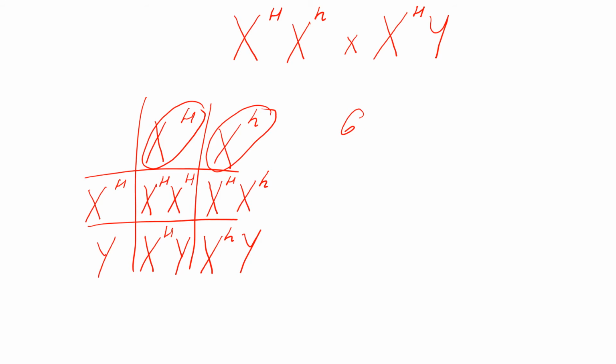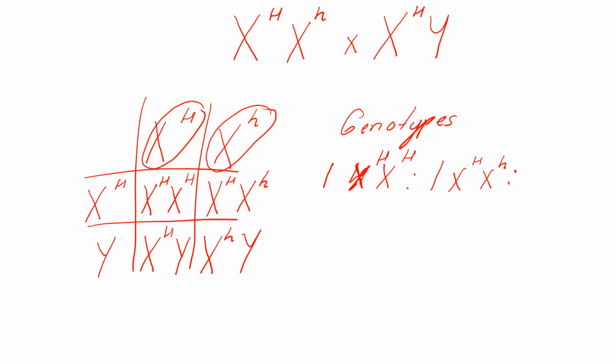Now let's look at the genotypes. My genotype ratio, I have one kid that will be female with a capital H, capital H. I will have the likelihood of having one female, capital H, lowercase h.